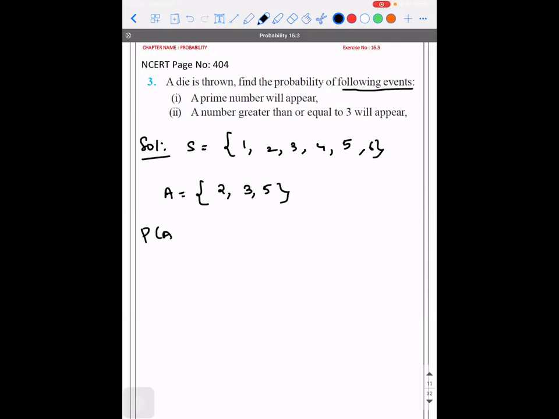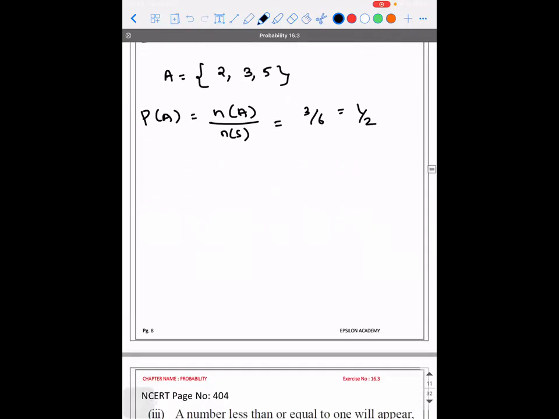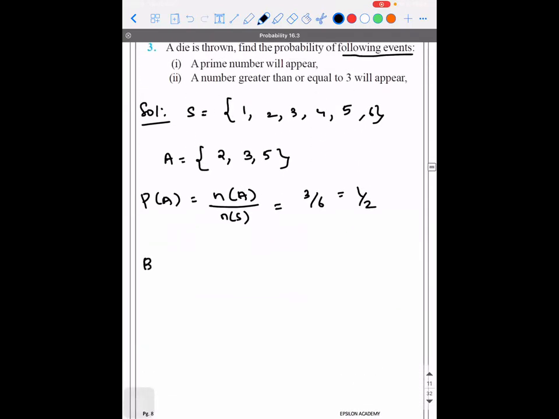What is the probability of A? It is the number of elements in A divided by the number of elements in the sample space. That is 3 out of 6, 1/2. It is 50%. Second, what is event B? A number greater than or equal to 3 will appear. It is 3, 4, 5, 6.